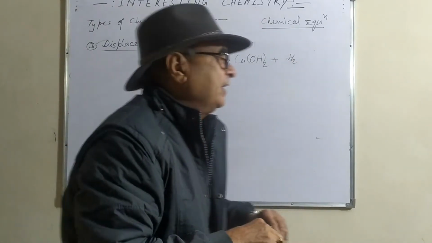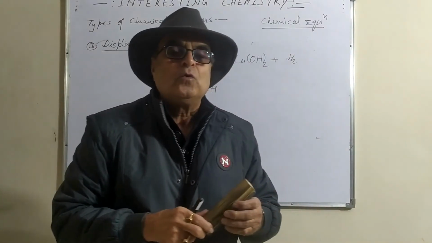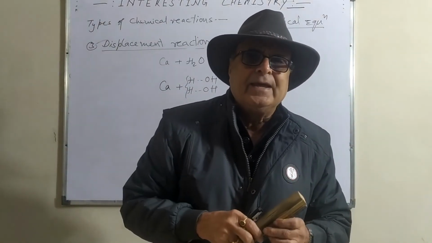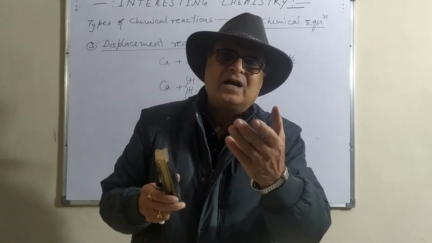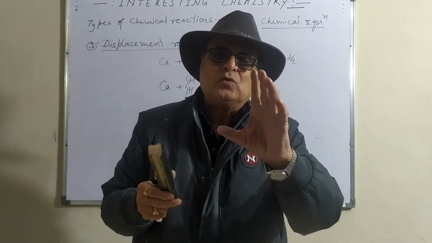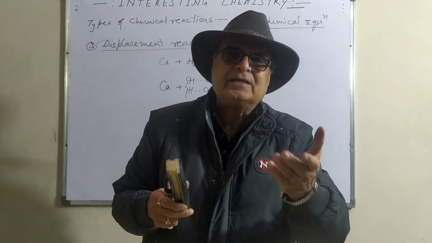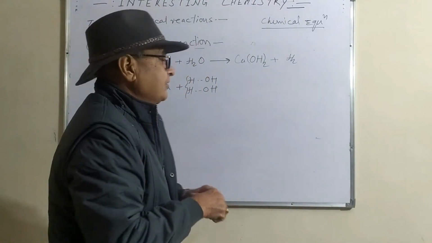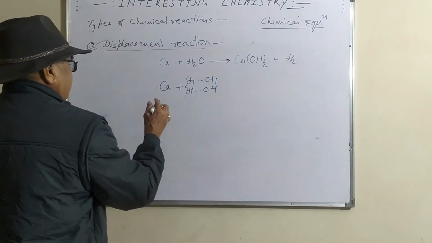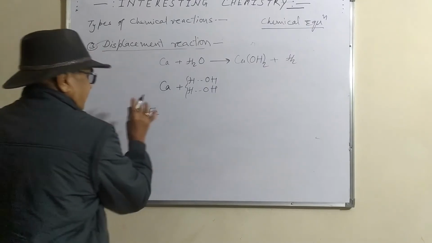In the same manner, a very popular reaction: when iron nails are added into copper sulfate solution, the iron nails get coated with a brownish layer. What is the reaction? Suppose the iron nail is Fe.